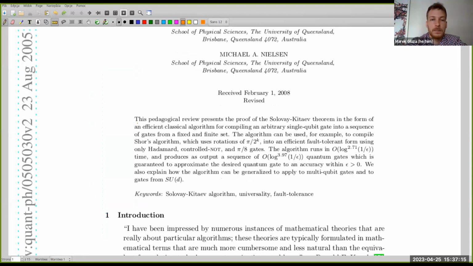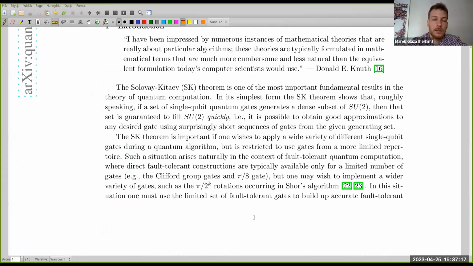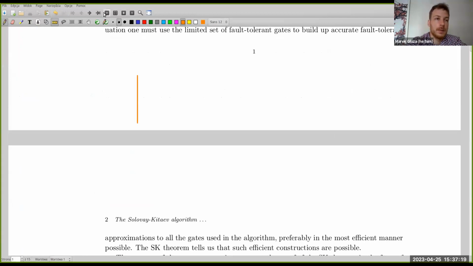So maybe I will have some space here and I will write here. So let's say I have a gate set, G1 until GK.